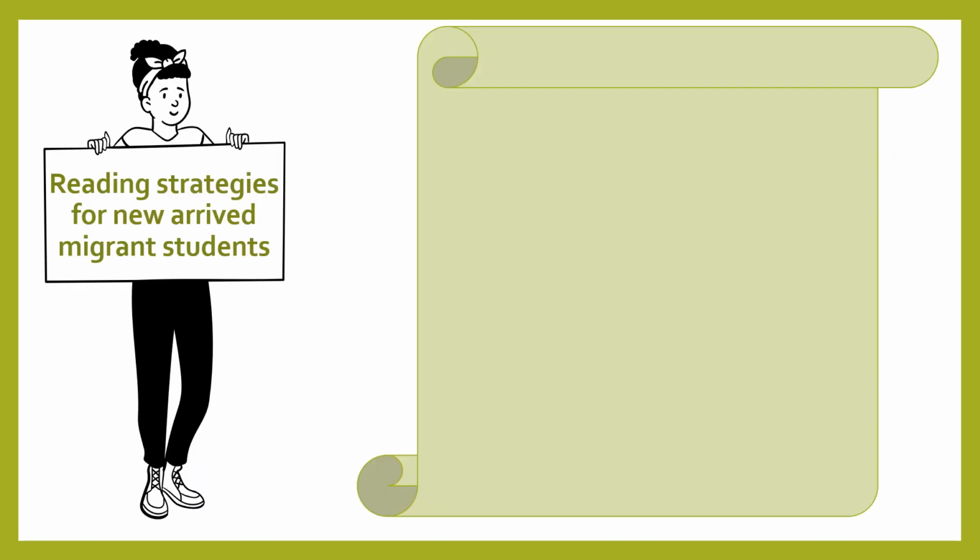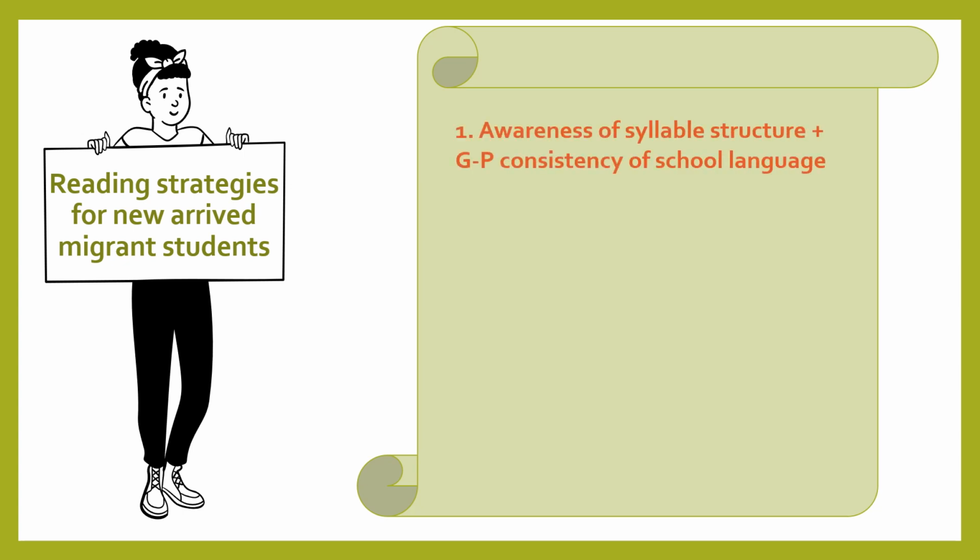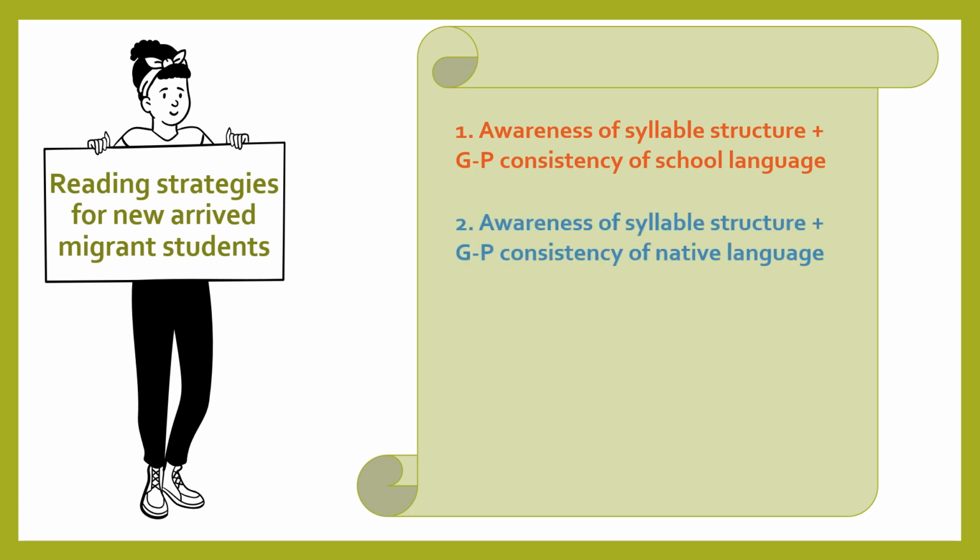The strategies for reading acquisition for newly arrived migrant students are different from the reading strategies for native speakers. First, it is important to be aware of the syllable structure and the grapheme-phoneme consistency of the school language. Then, you also have to be aware of these characteristics of the native language of the students.